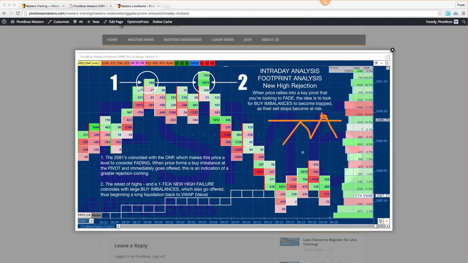And so you have those types of topping patterns where you have an M double top, you have the one with a little bit higher high, and then you have the one with a lower high. Each of those are patterns to look for when something like this happens at a key pivot. Because remember, 2091s was the pivot. So when price came into it, the initial rejection, and then boom, that rejection right there sparked the move back to value.